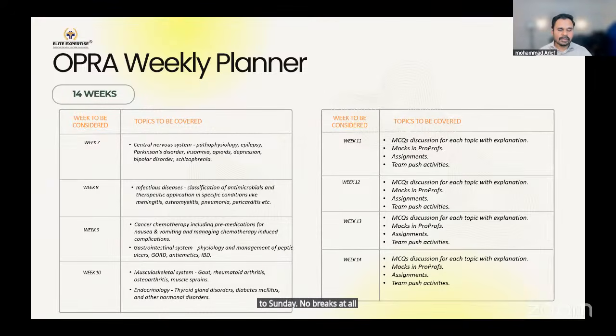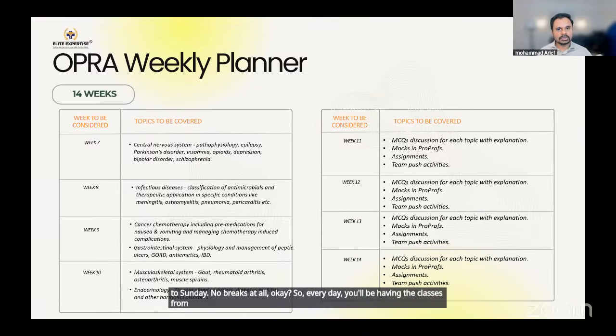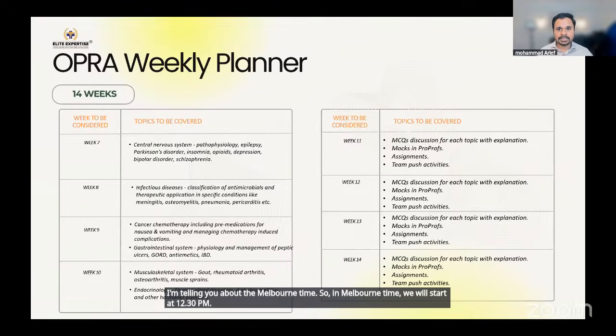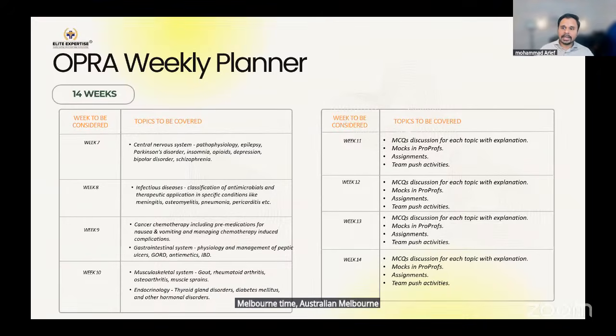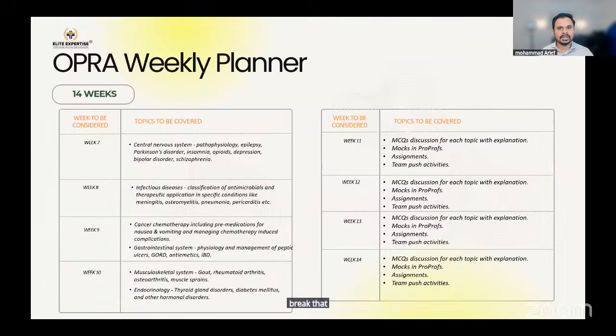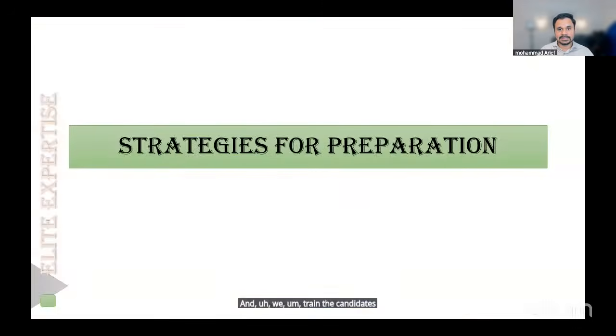By morning, I mean Melbourne time: we will start at 12:30 p.m. Australian Melbourne time and keep conducting classes till 9:30 or 10 at night, with appropriate breaks. For every 2 hours, there will be a break provided to you. So this is the plan, and this is how we train the candidates for clearing this examination.